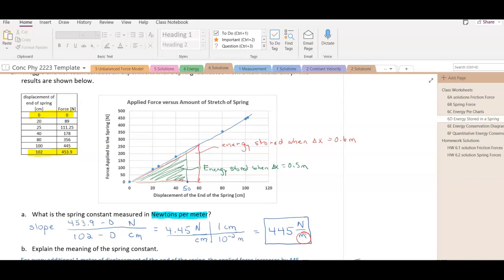And so the difference between these, I'm going to shade in this green highlighter color. That difference between the red triangle and the green triangle is the additional energy that gets stored. Notice the shape of that. That is a trapezoid. And so we're going to be finding the area of that trapezoid.